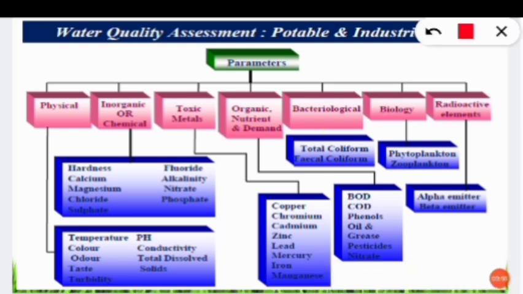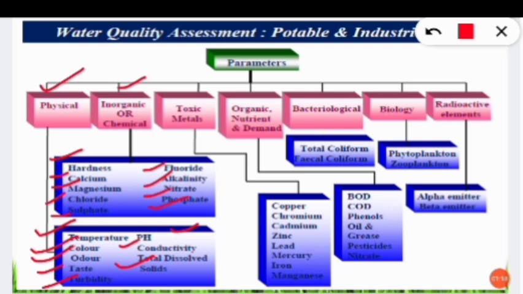Here in this block we can see the physical parameters include temperature, color, odor, taste, turbidity, pH, conductivity, total dissolved solids. Similarly, inorganic or chemical parameters include the hardness of the water, including calcium, magnesium, chloride, sulfate, fluoride, alkalinity, nitrate, and phosphate.